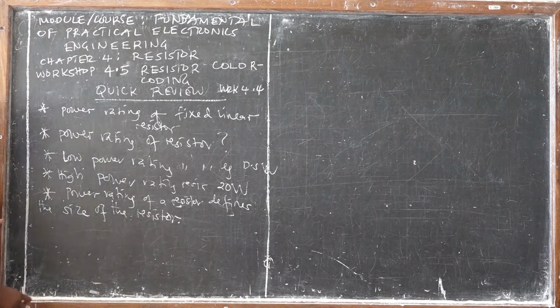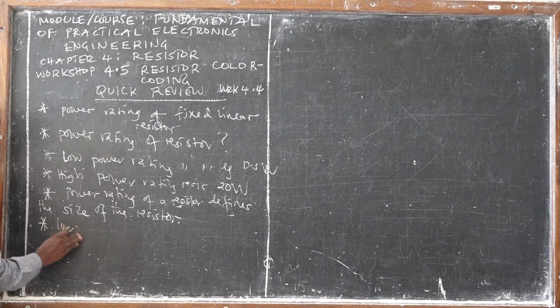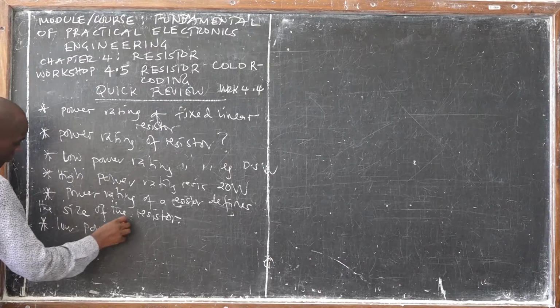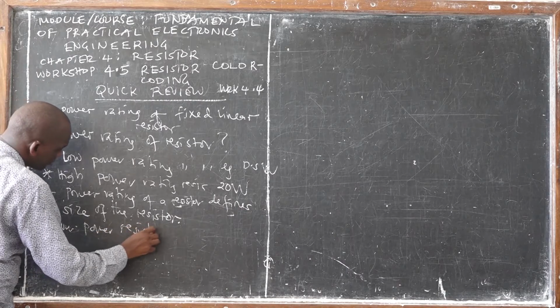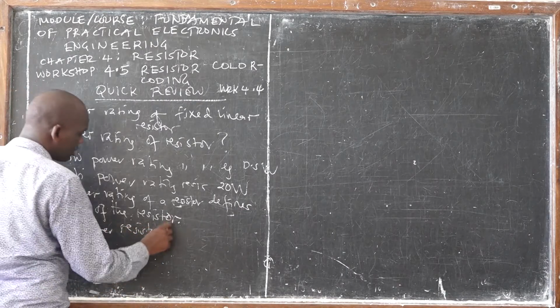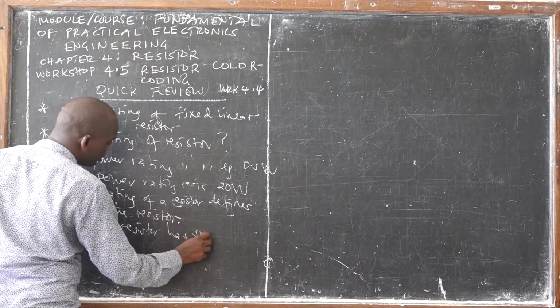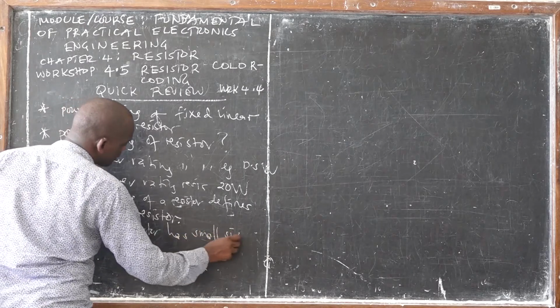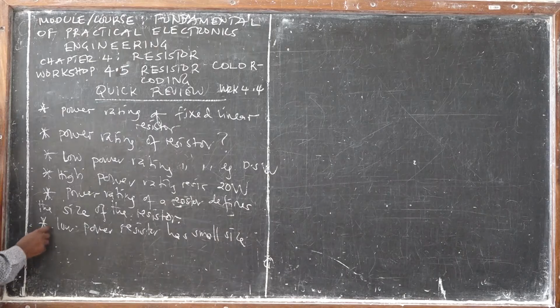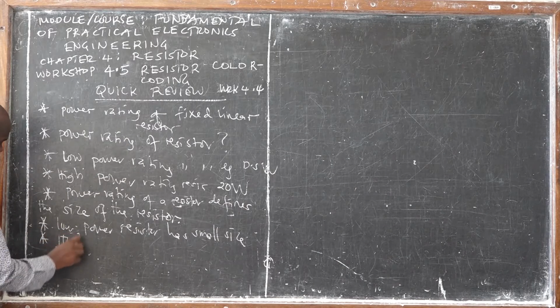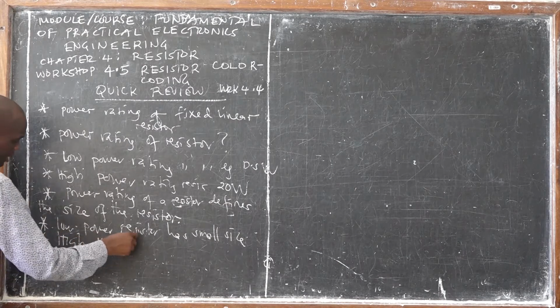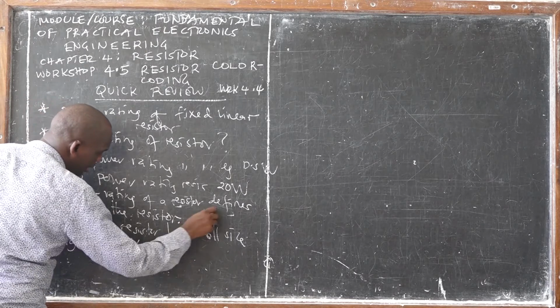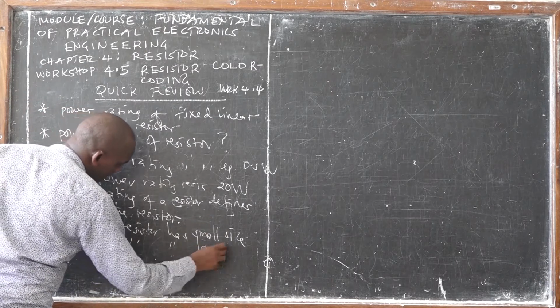A low power resistor has a small size, and a high power resistor has a large size.